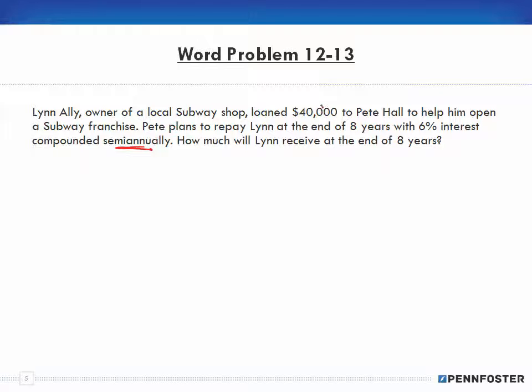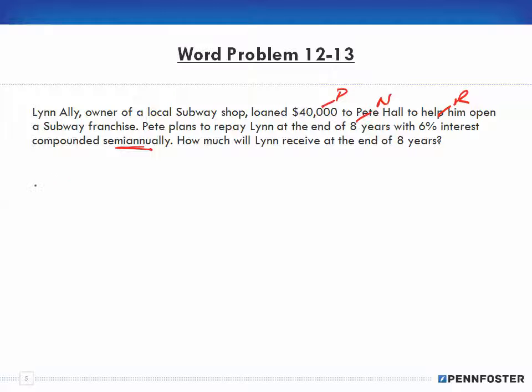So the principal is 40,000. The term, the number of periods, is 8 years. The rate is 6%, and it's compounded semi-annually. So how much will Lynn receive at the end of 8 years?